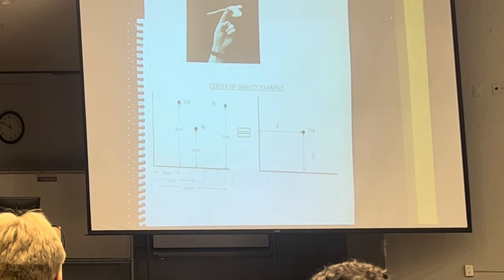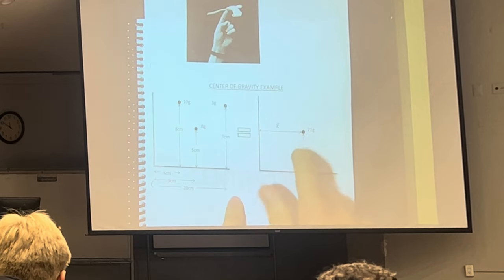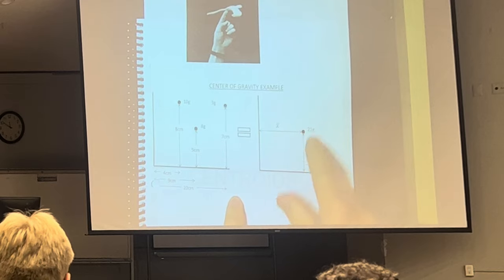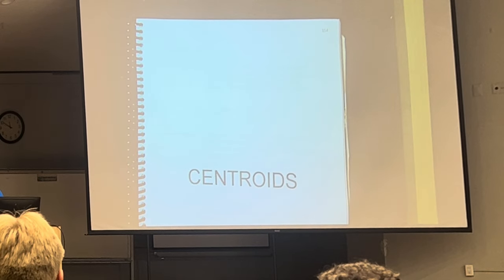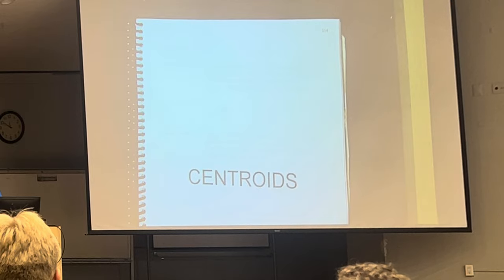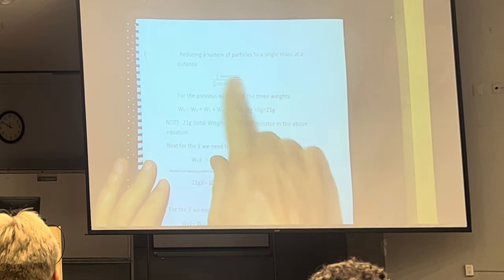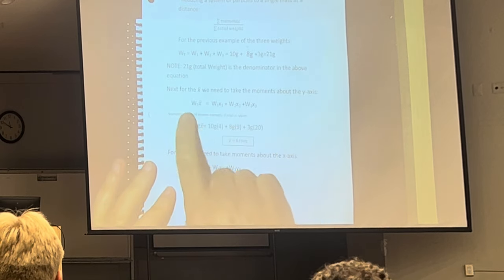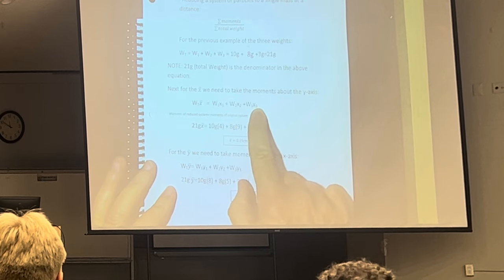Well, how do you find x bar, y bar? The moments being generated by these 3 have to equal the moment generated by this, which is 21 times x bar and 21 times y bar. If you do it, you will see that in essence, what you're saying is moments divided by the total weight. The total weight is 21g. Here the moments of the reduced system equal the moments of the original system.